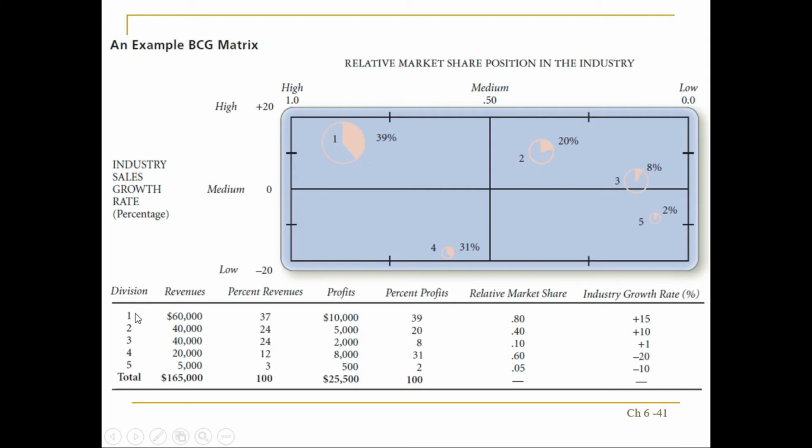You can also do this analysis for different organizations in the whole market. So you can do this analysis for comparison between divisions and between firms wherever you think it is applicable and appropriate.